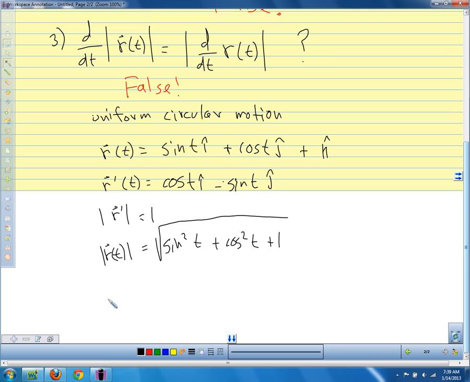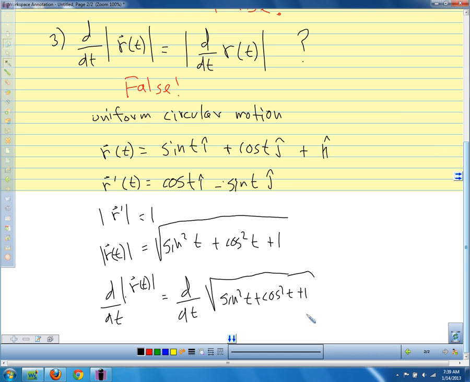And the derivative of the magnitude is going to be the derivative of this thing. And what does this come out to be? What's sine squared t plus cosine squared t? 1.